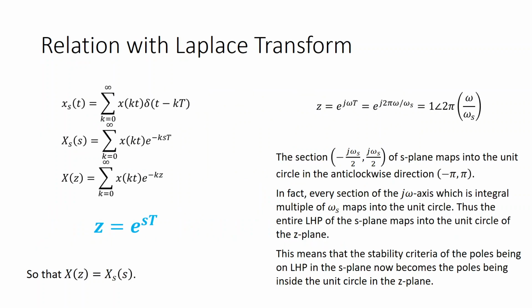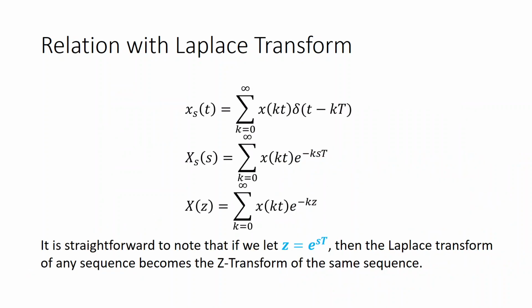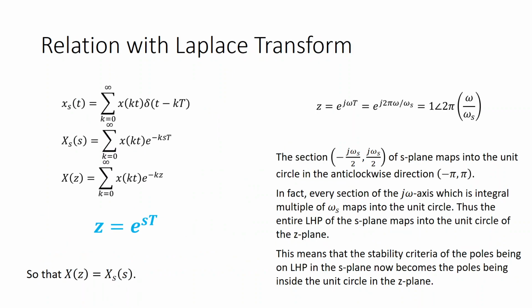The relationship with the Laplace transform. So this is the last part of this lecture, relationship with the Laplace transform. What we want to do is find, so there is this sampled signal x_s(t).